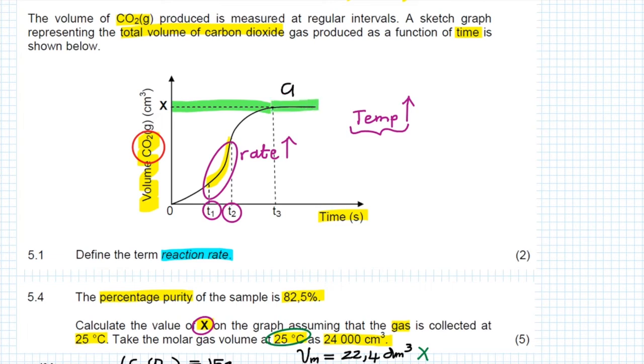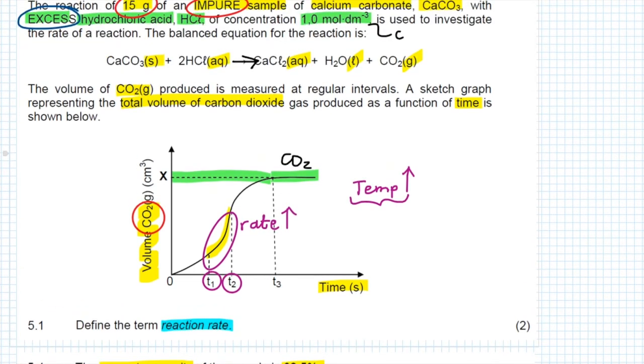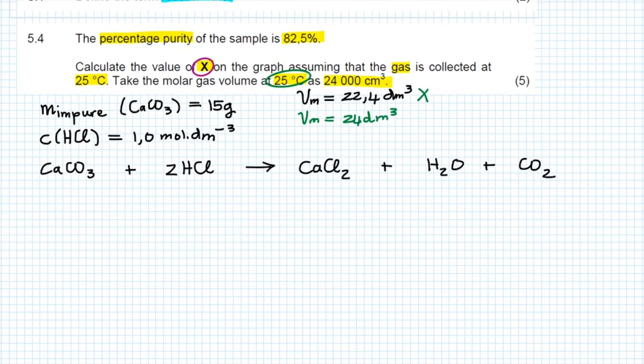So the maximum amount of carbon dioxide has been produced based on how much of the calcium carbonate within the impure sample is pure. So the pure calcium carbonate is going to react completely with the hydrochloric acid to produce this carbon dioxide. We would like to know what is the maximum amount of carbon dioxide that can be produced.